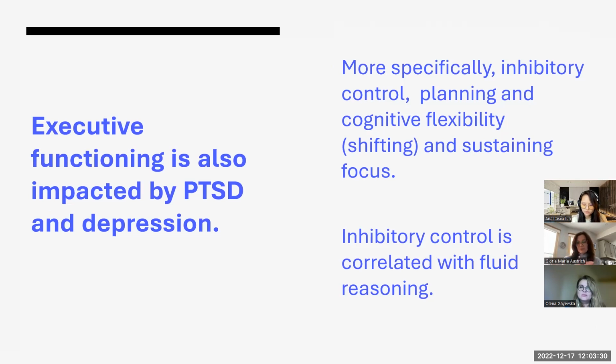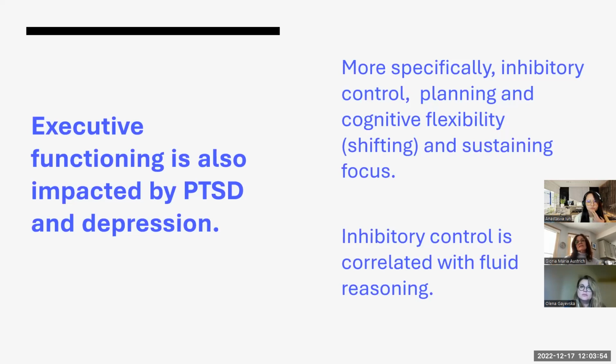Planning, again, being able to plan over the long term. And then cognitive flexibility, which is very important for our everyday adaptation. We adapt by being flexible in our thinking, so that ability to be flexible or shift is really important. And then being able to sustain focus.